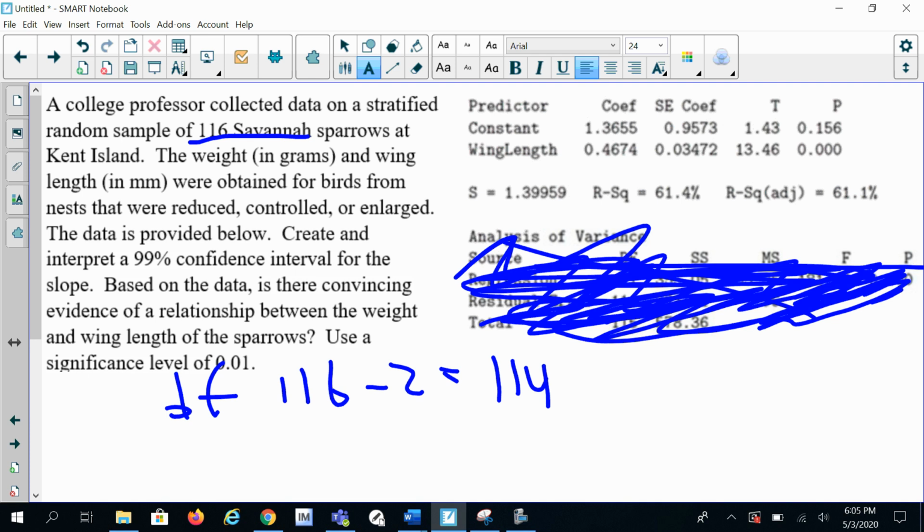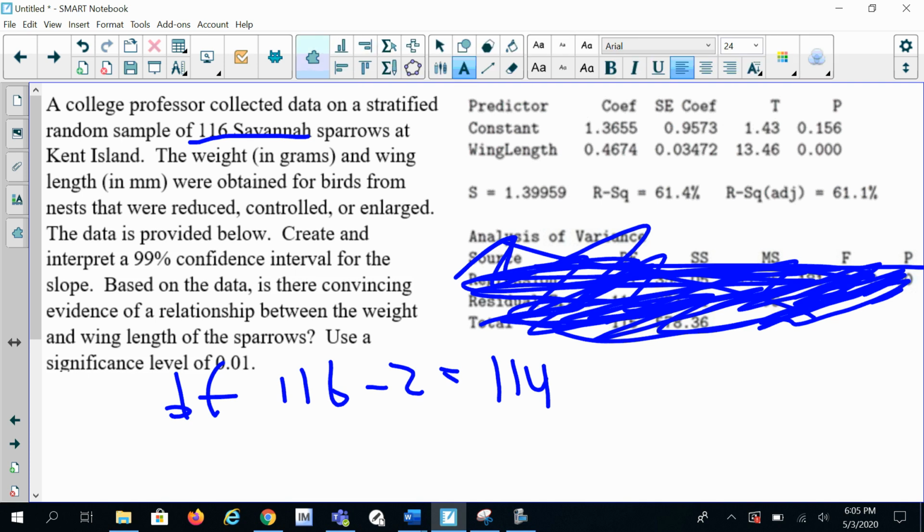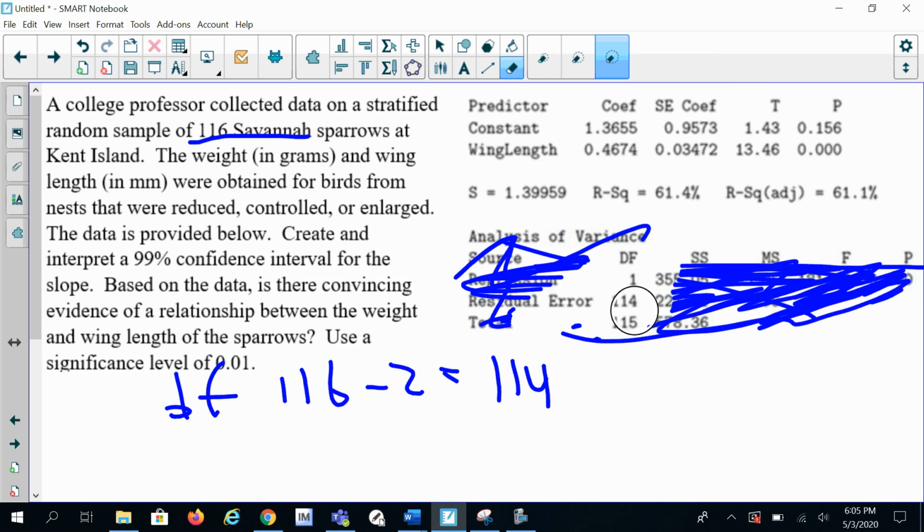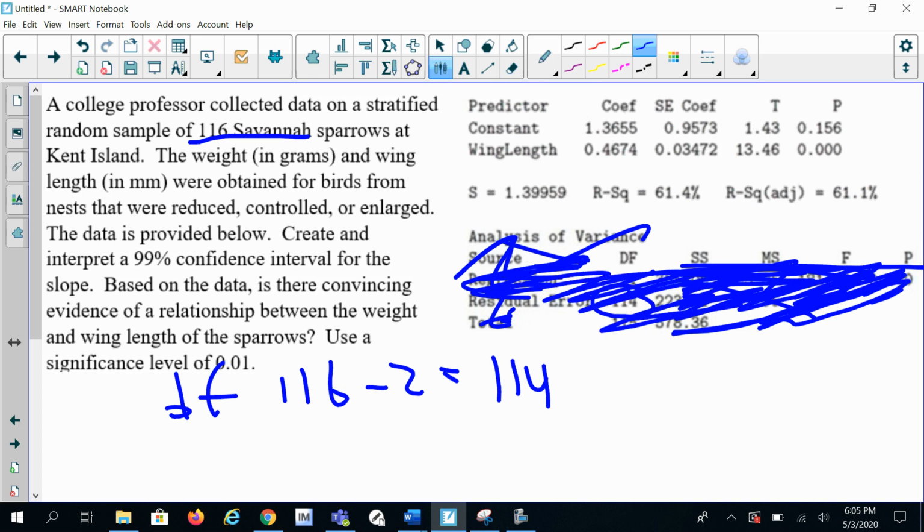So there's your DF. People get confused about looking at this and don't know which number to look at, so don't worry about the ANOVA table. Just ignore it. So that's how you can find the DF if it's not given to you.